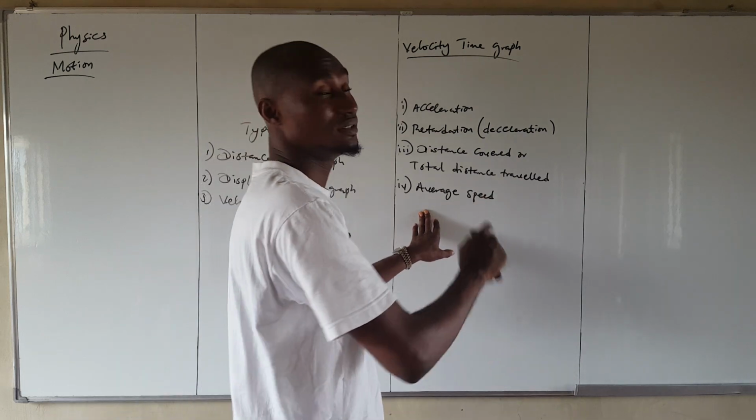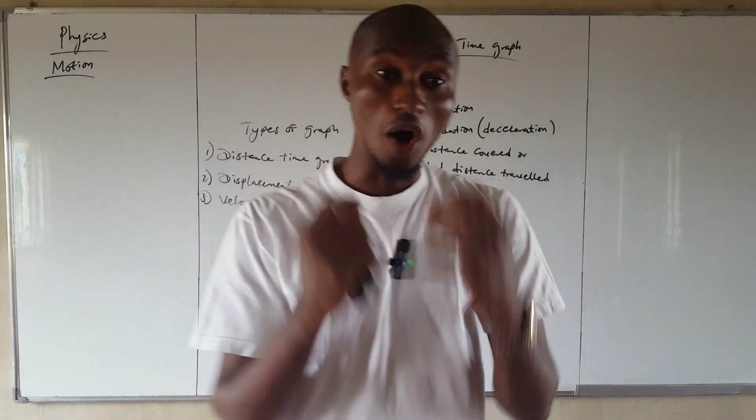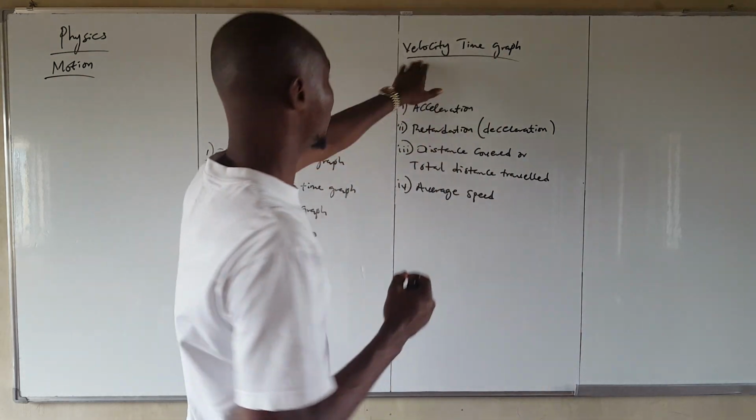Now, there are many shapes formed on the graph, I mean on velocity time graphs.